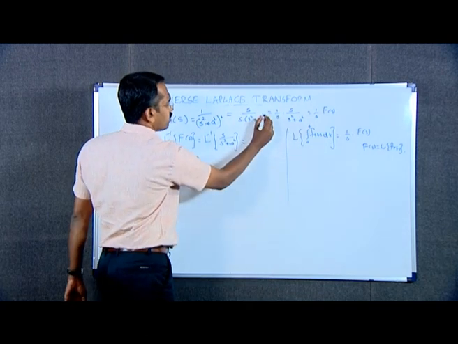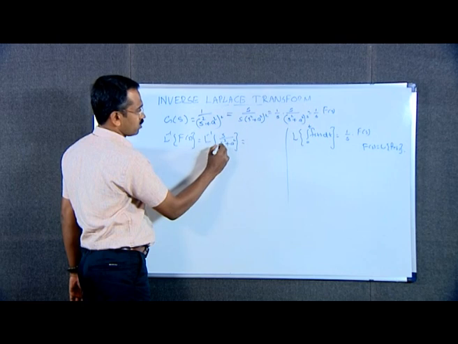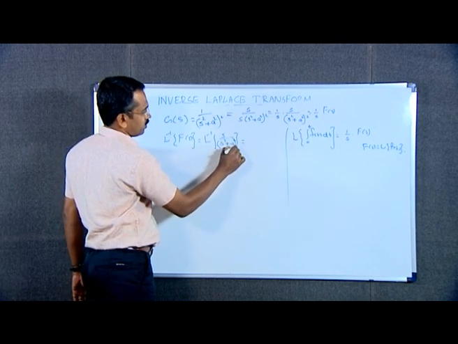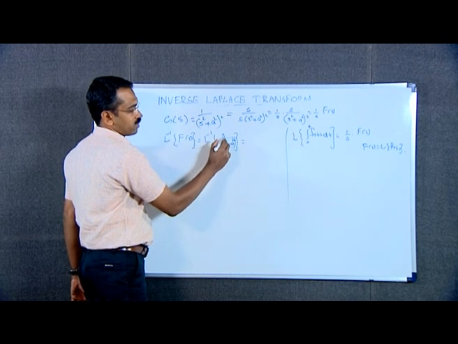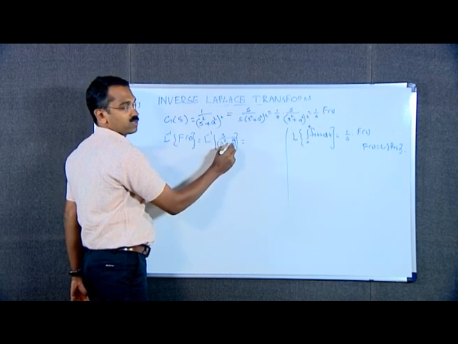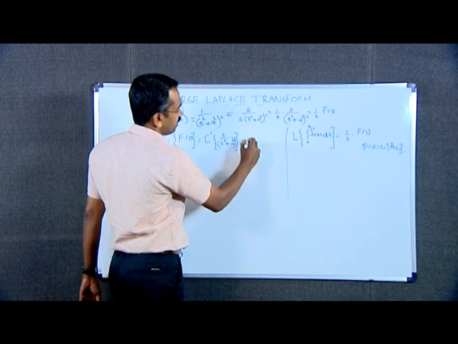Sorry, here the denominator is s square plus a square the whole square. Therefore, L inverse of s by s square plus a square the whole square is 1 by 2a t sin a t.